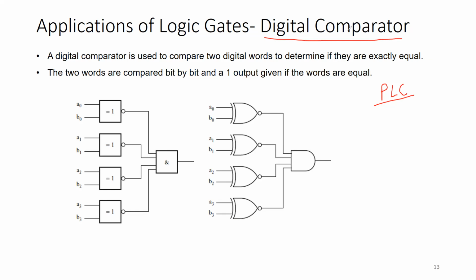So the first example is the digital comparator. Digital comparator means, as the word describes, a comparator is for comparison, which compares. If you want to compare two digital words or values to determine if they are equal or not, there we use a digital comparator.